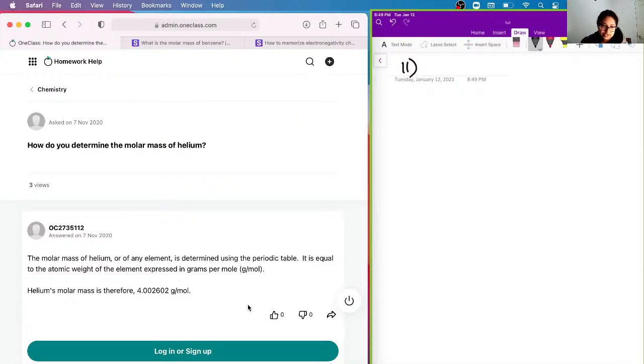Okay, so our next question says, how do you determine the molar mass of helium? So helium has a chemical symbol of He, and this is in your group 8. This is a noble gas, which means this is stable.